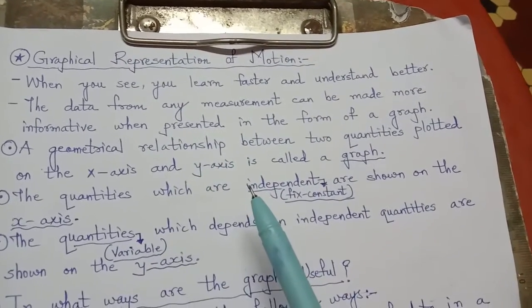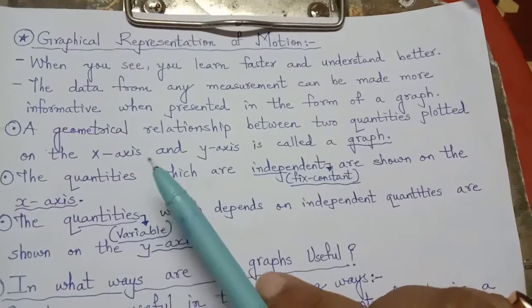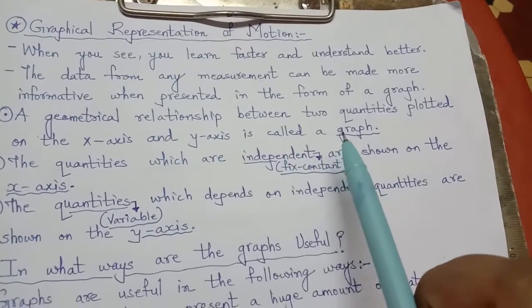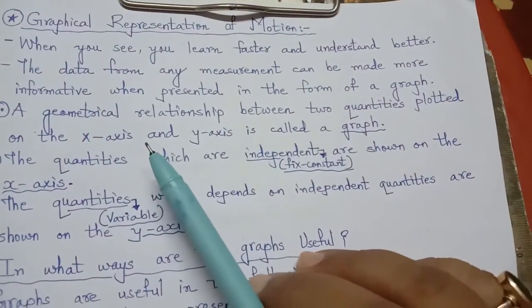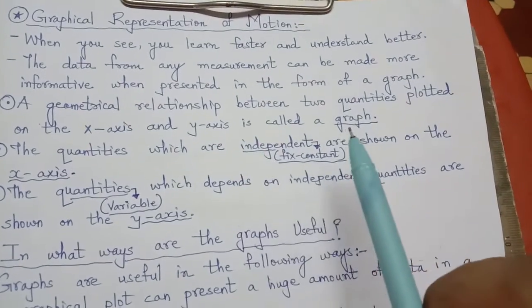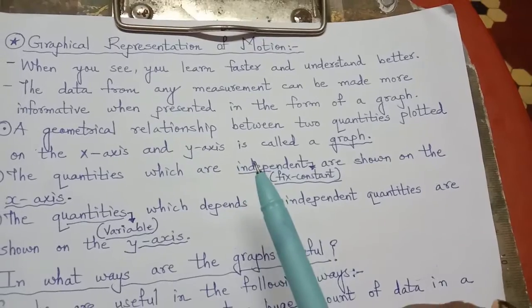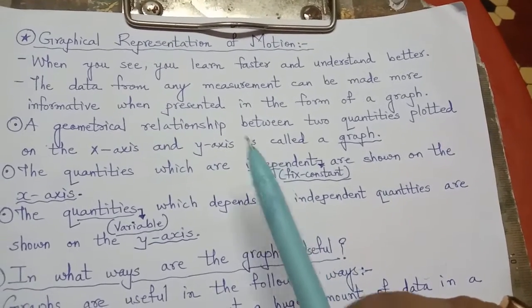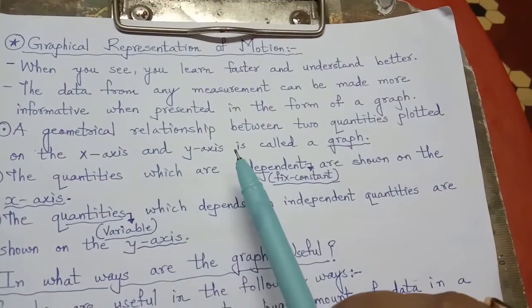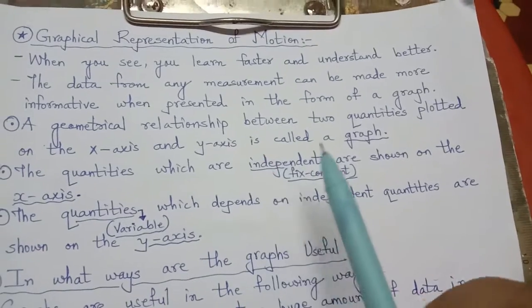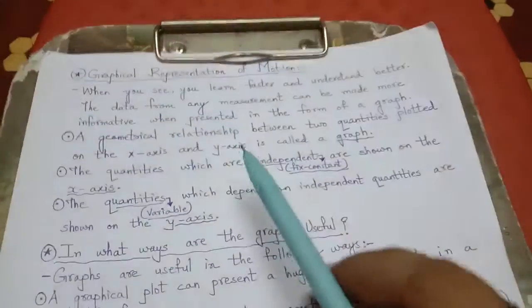A geometrical relationship between two quantities plotted on the x-axis and y-axis is called a graph. This you already know. Now what is on the x-axis?